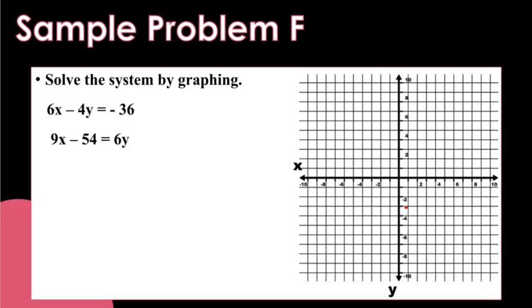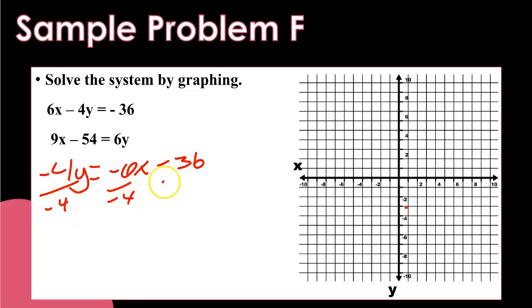Next, here I'm going to divide everything by 4. Actually, let me get this y by itself. So it would be -4y equaling -6x minus 36. Divide everything by -4.